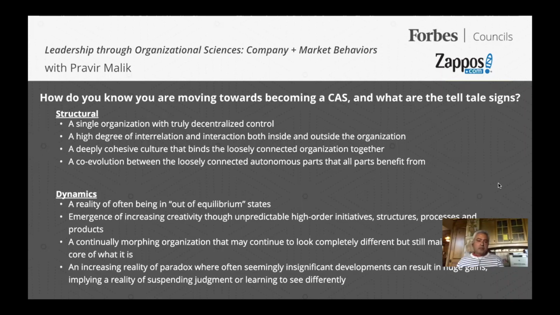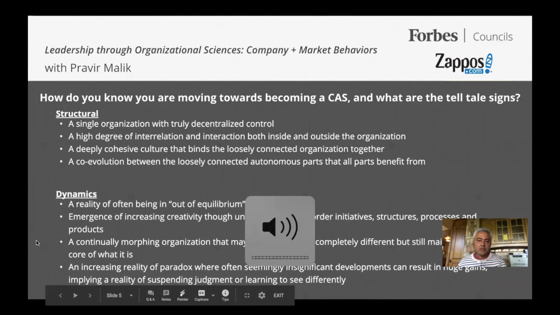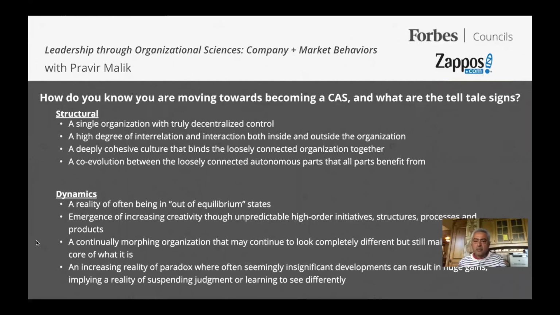And so the way that we know we're moving towards a complex adaptive system, structurally, ideally, the first point is there's a single organization with truly decentralized control, meaning there's many different centers of power or of innovation within that organization. There's typically a high degree of interaction, both within the organization and outside. But one of the most important things is that it's all bound together by a cohesive culture.